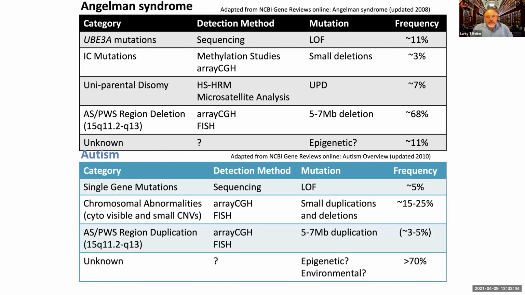So what got me into Dup15q syndromes in general was that I had some experience with a disorder called Angelman syndrome. And this particular syndrome results, in most cases, from a deletion on chromosome 15.